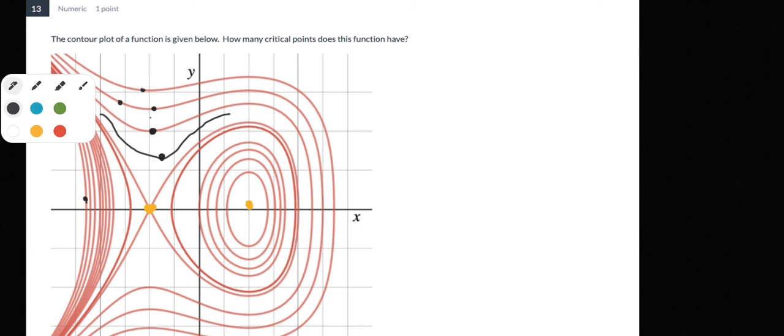But let me give these points some names. So point A and point B. The point A and point B look different from other points on this plot because, for example, for point A, if you look at the small neighborhood around this point, you see there is a self-intersecting level line that makes an X crossing, and that does not happen at other points on this plot.